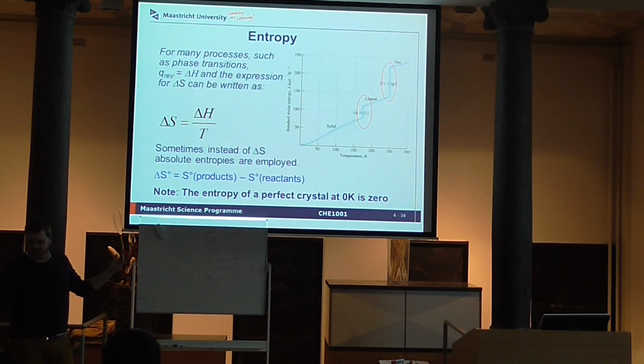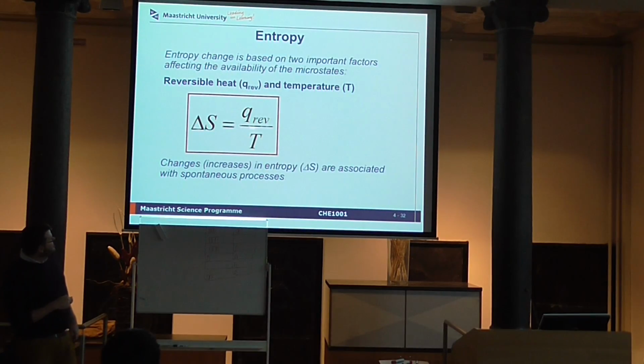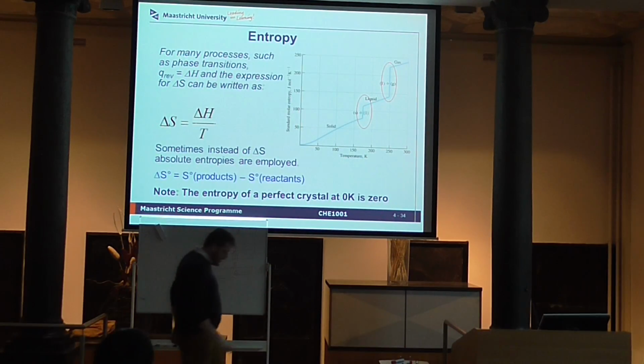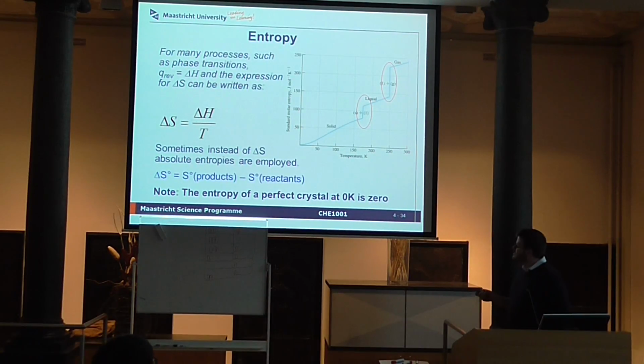That's what people do, and that's how you get a graph like this. This is the formal definition of entropy. Now, like I've just said, at absolute zero, the entropy is zero.